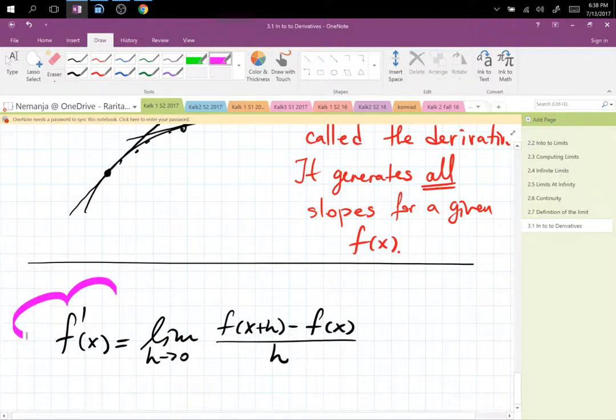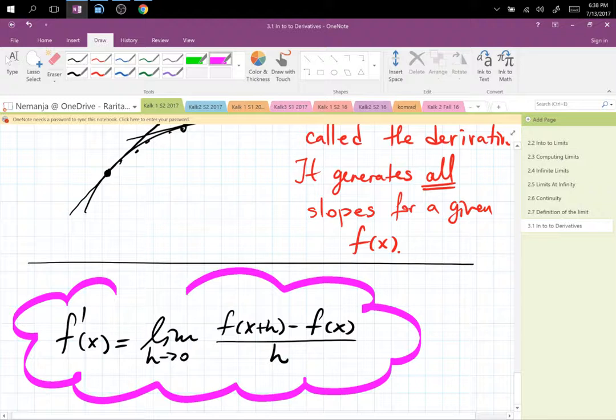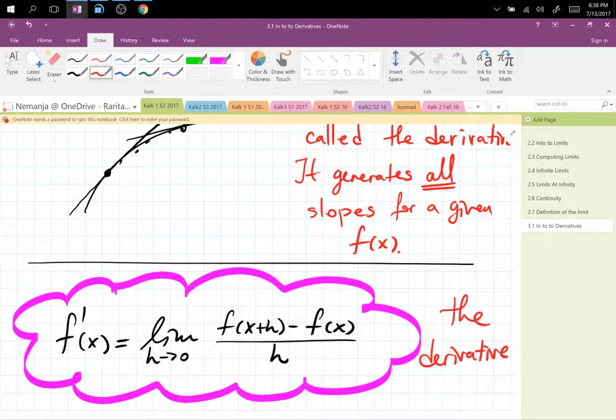And that is the formula to compute the derivative. So derivative, in the eyes of mathematics, for the purposes of calculating stuff, is the function in which you can easily compute any slope of the tangent line.